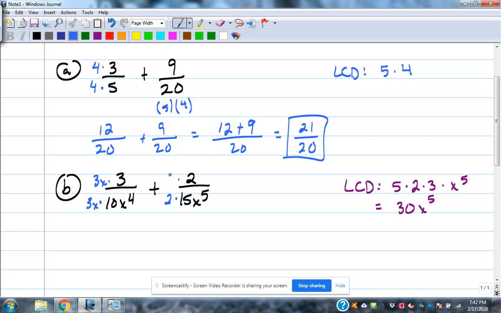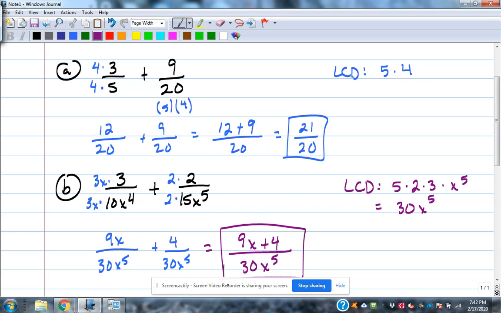Times 2 on the bottom and the top. So that gets us 9x over 30x to the 5th plus 4 over 30x to the 5th. And then we add that together. 9x and 4 are not like terms. So we just write 9x plus 4 over 30x to the 5th. And we're done.